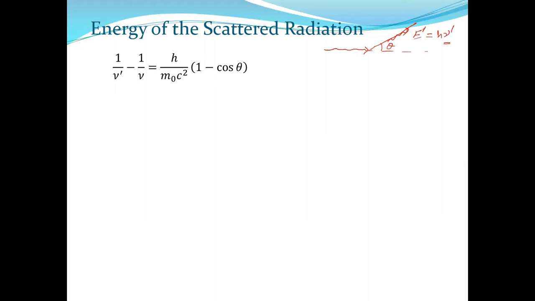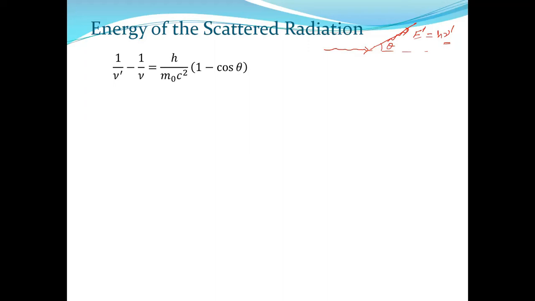In the Compton effect, whenever you do the numericals, or for any practical perspective, remember what the given things are. Given is what material you are using, whether it is carbon atom or carbon electron, what is the particle. Second thing, which type of electromagnetic wave you are using. That means what is the wavelength or frequency of the photon?